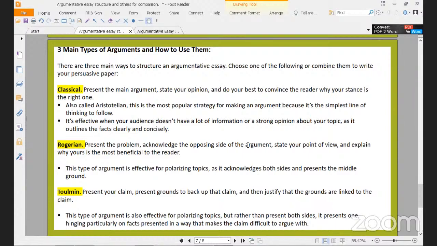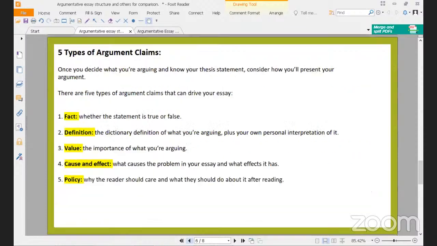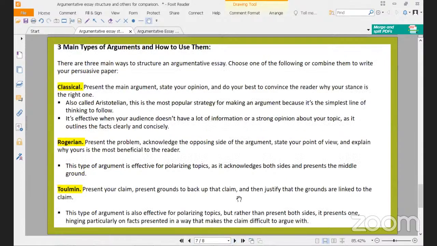You don't have to, but you can. And we have three types, okay? Besides having to choose the claim, there is the format that we're going to follow. And the first one, classical. Rodrigo, can you help us read?